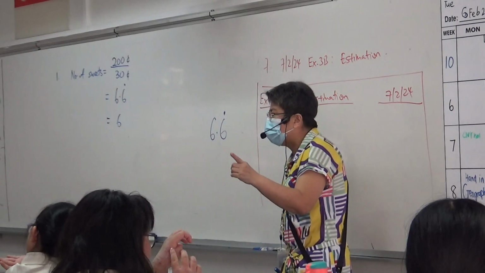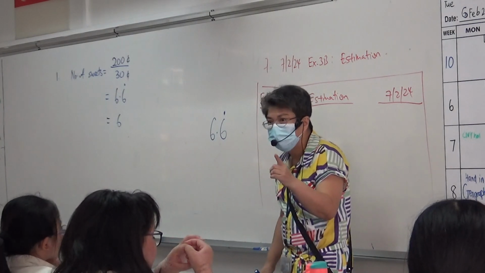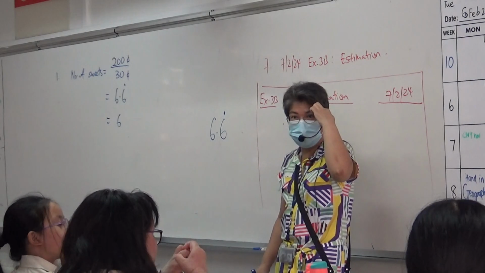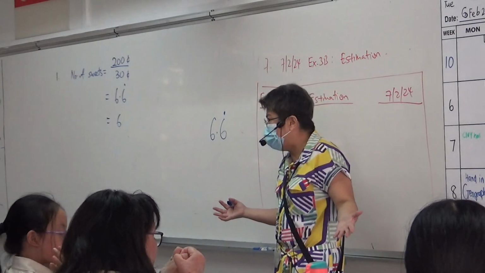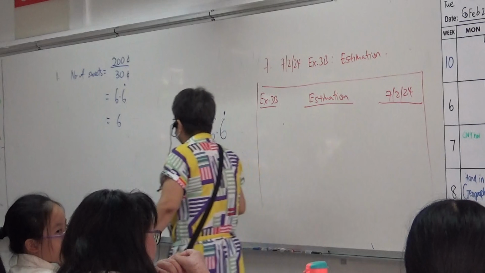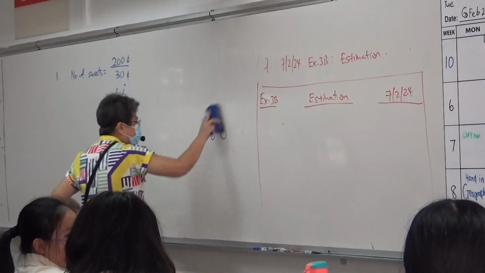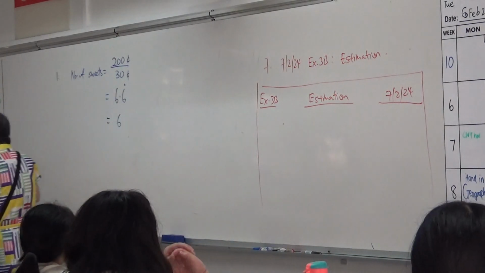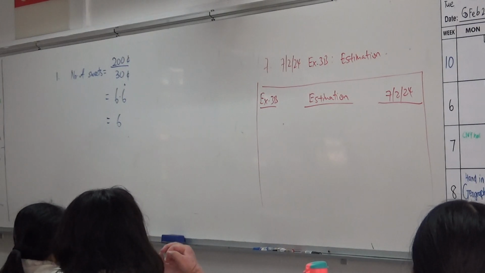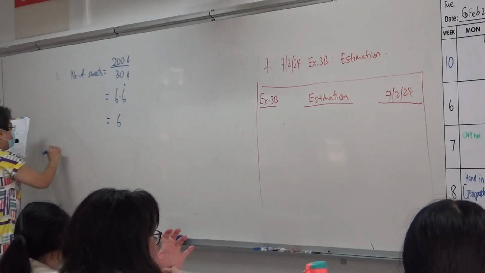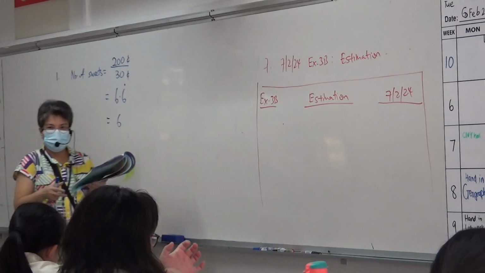Do you get me? Yes or no? So you must read carefully. Cannot keep quiet, just do. Everybody clear? Okay, so this is your number 1. Next, can we move on to question number 2? All of you look at question 2.